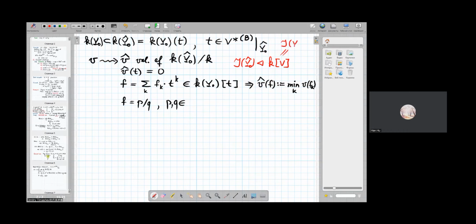Of course, sure. And since the algebra K of V is generated by V star, the projection of V star to here is non-zero.